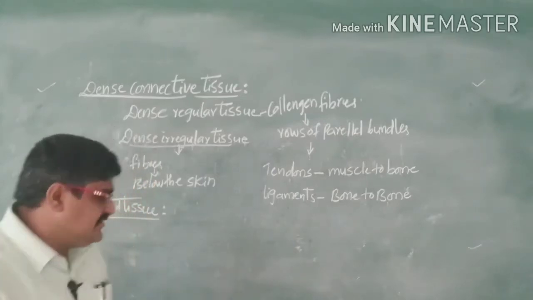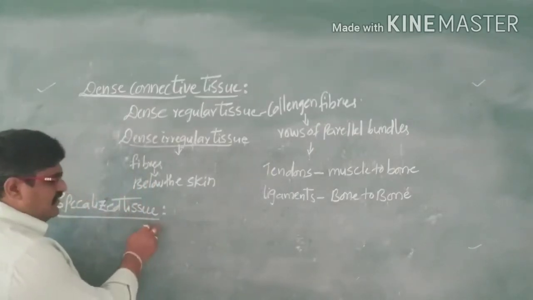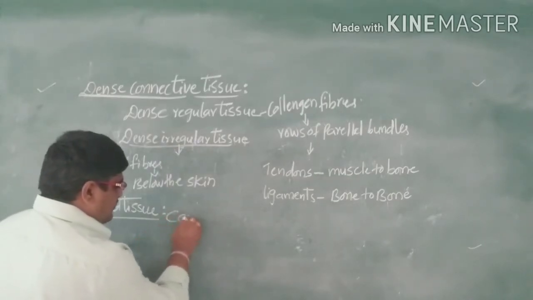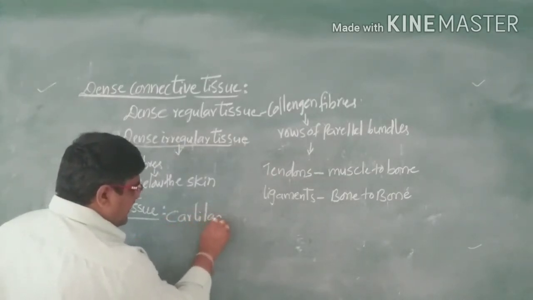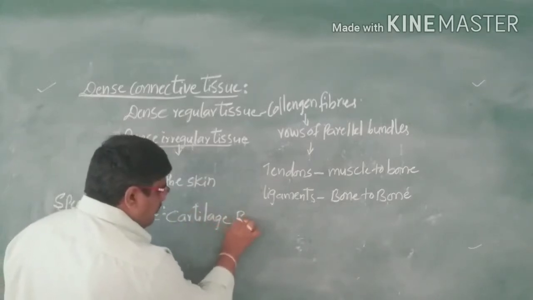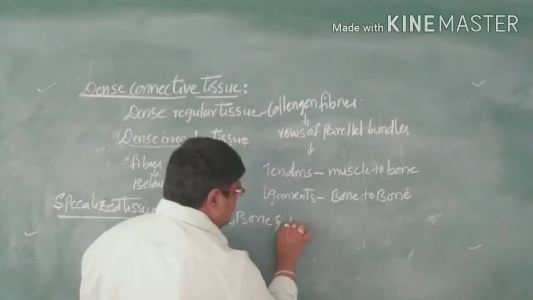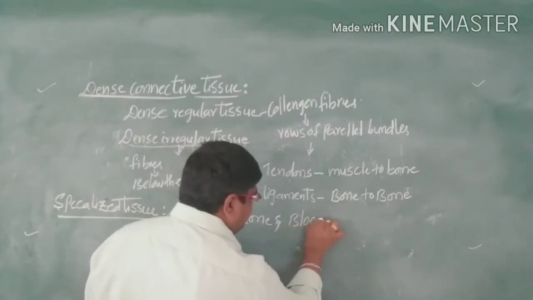These specialized tissues consist of cartilage, bone, and also blood.